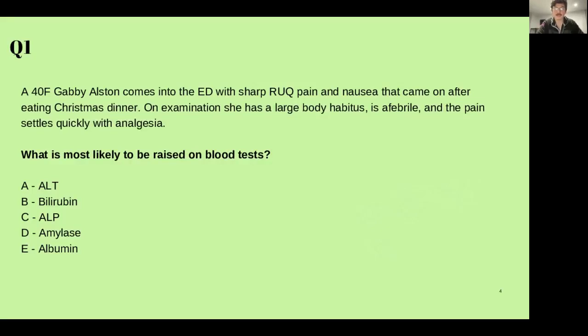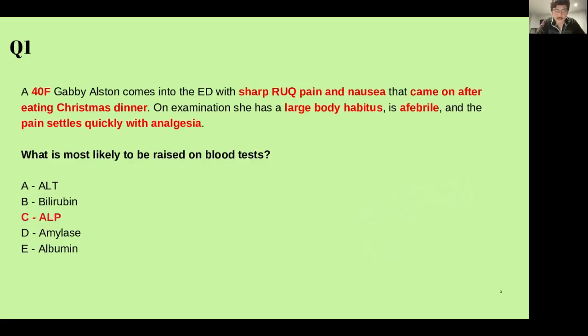If the thinly veiled pun of her name didn't give it away, this is a typical presentation for gallstones. So simple biliary colic. So Gabby Alston, gallstone. If we go to the next slide, you can see the answer is ALP. So why is this gallstones?